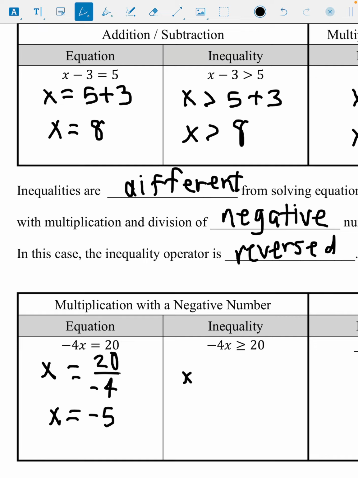So instead of saying that negative 4x is greater than or equal to 20, we have to say that x is less than or equal to 20 divided by negative 4. So this less than or equal to is a reverse inequality. So we have that x is less than or equal to negative 5. So it's very important to remember that you have to reverse the inequality operator.